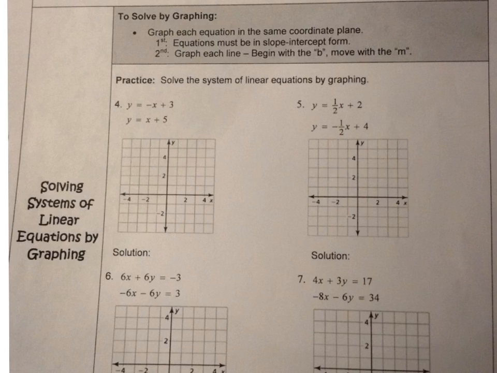So in order to solve by graphing, we graph each equation in the same coordinate plane, so on the same grid. The first thing is that the equations must be in slope-intercept form. Slope-intercept form is y equals mx plus b. The second thing is to graph each line.